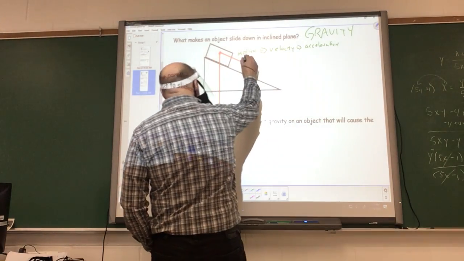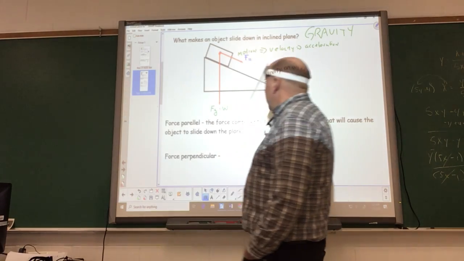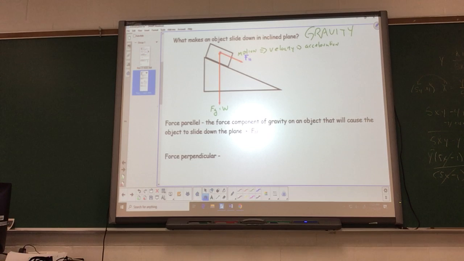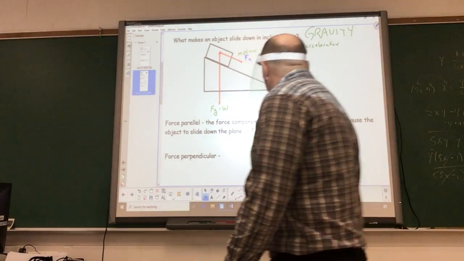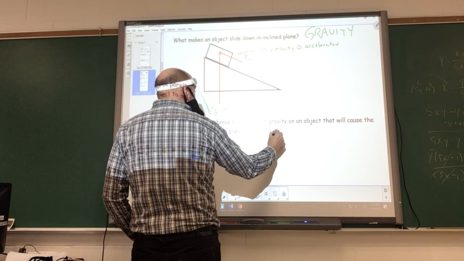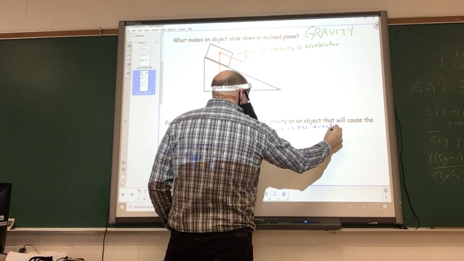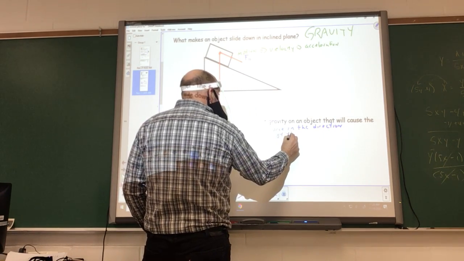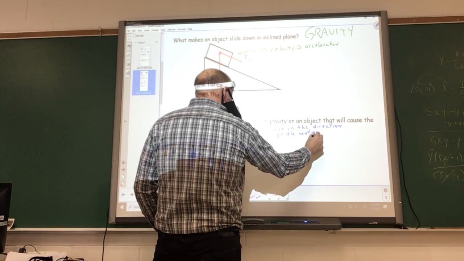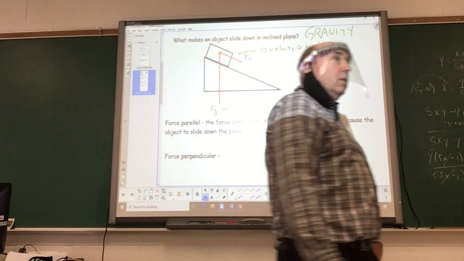This gives us that force right there, which is going to be the force in the direction of the motion. If that's the force in the direction of the motion, it will give me acceleration, and I can deal with the velocity then. It gives us the force in the direction of the motion.